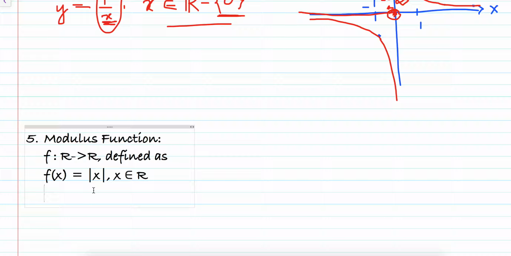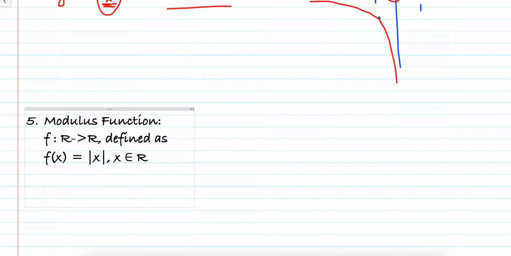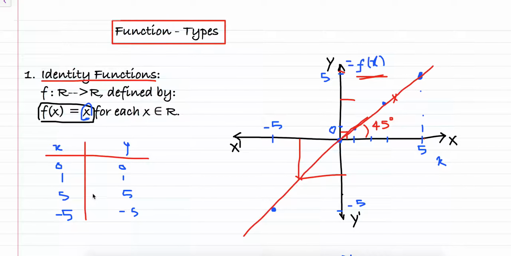And we will define it as x when x is greater than or equal to 0. So if x is greater than or equal to 0, then this is same as our identity function.